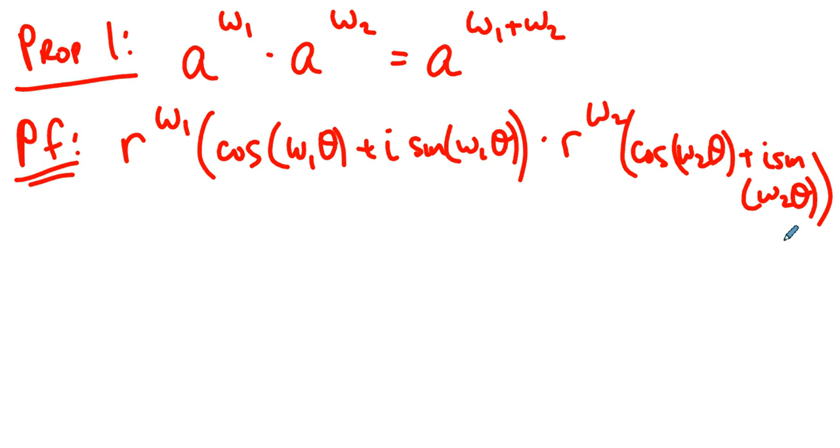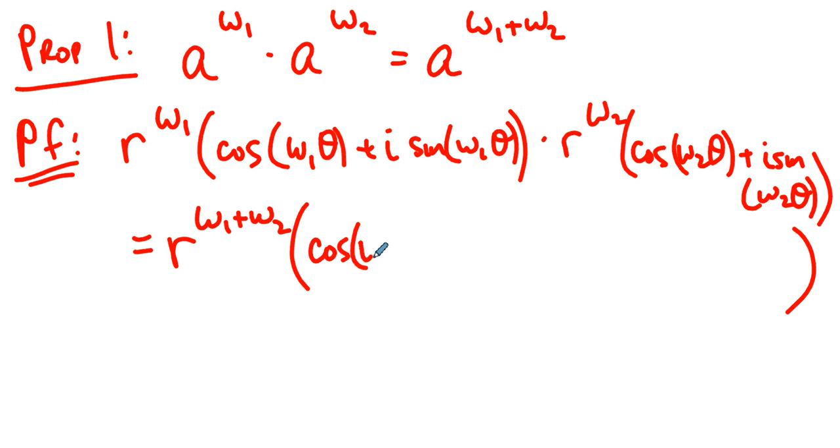So we know that when we multiply those together, the r to the ω1 and the r to the ω2 are okay. And then what happens inside of here is exactly what happened in the last video.